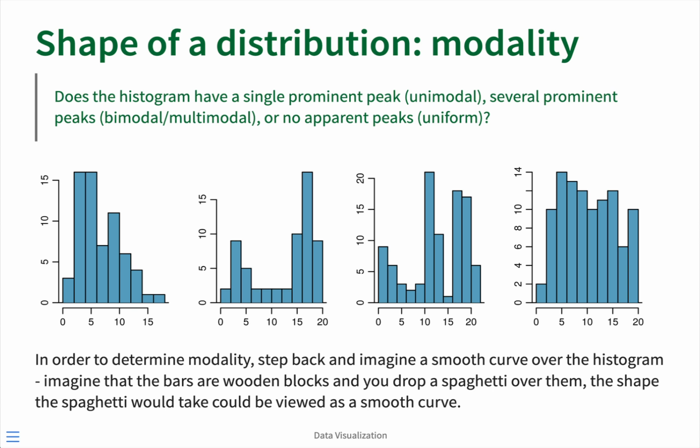So here are some examples where we can look at the modality of the distribution using a histogram. For each graph, let's take a minute just to think about how many peaks we seem to be able to find in the graph. What about this first one? This first graph, it looks like we have a unimodal distribution.